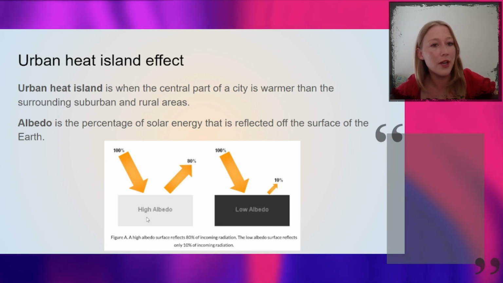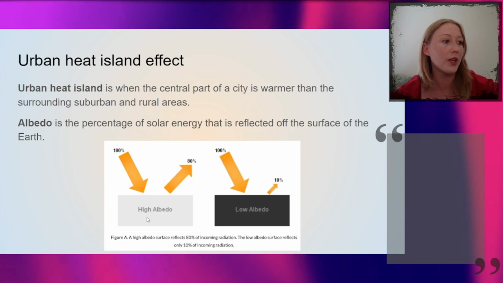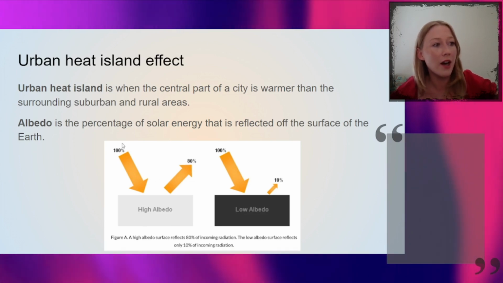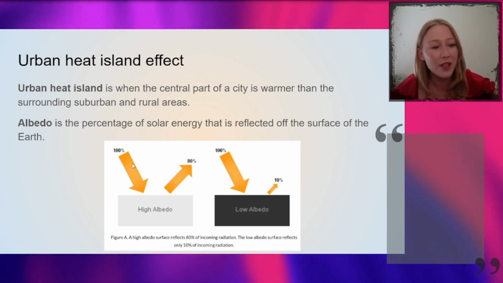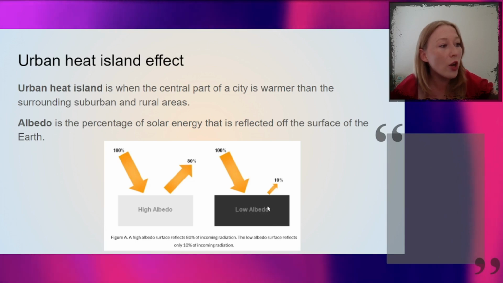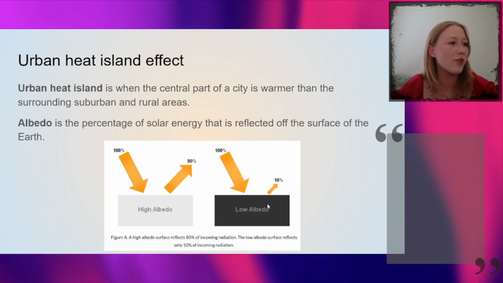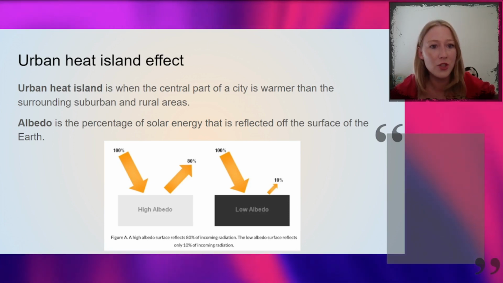So if you have a very reflective, very shiny or smooth area, usually very light in color, it will have a high albedo. So it will reflect back a lot of the light. If it has a low albedo, it will usually have a darker color. It will have a more coarse or porous surface area or texture.